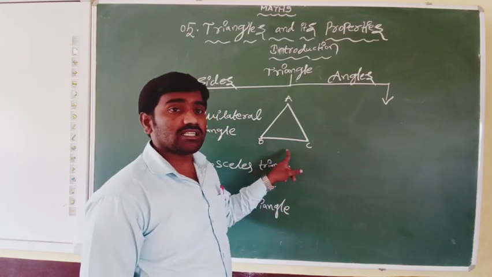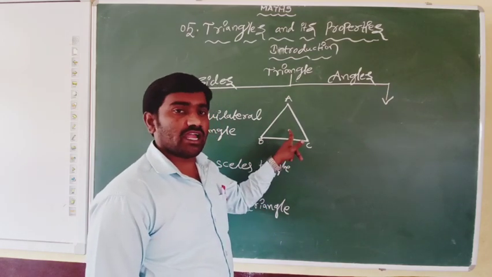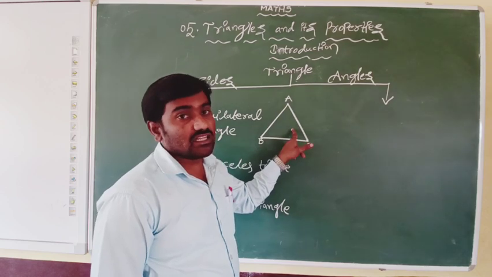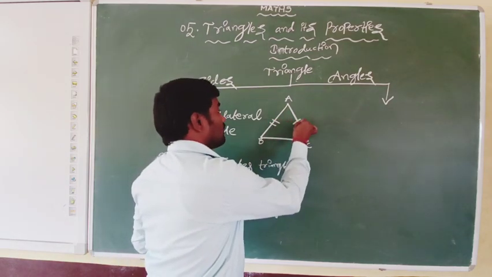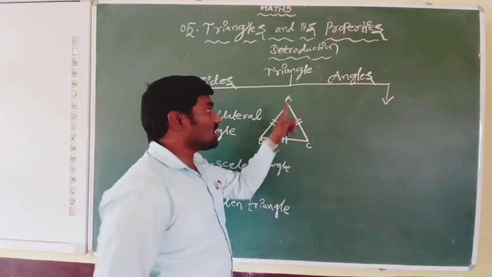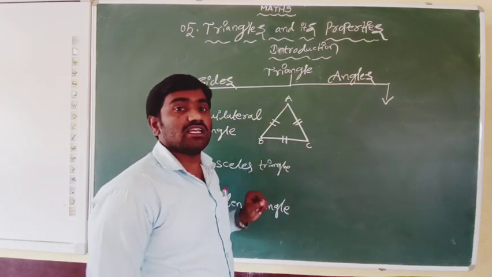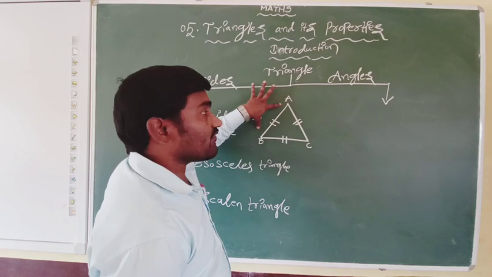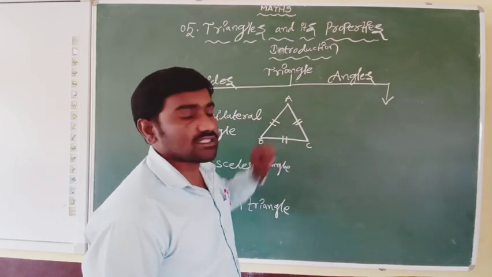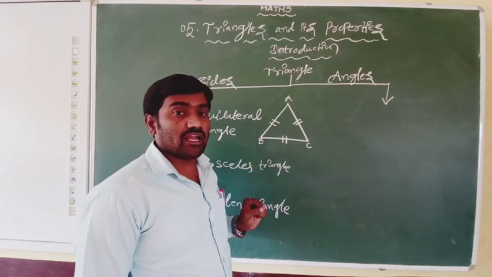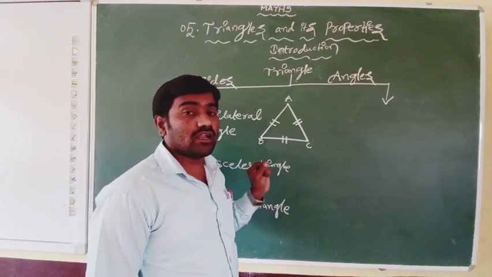If all three sides of this triangle are equal in length, then it is known as an equilateral triangle. All the sides of this triangle are equal, that means the length of AB is equal to the length of BC is equal to the length of AC. Hence, this kind of triangle is known as an equilateral triangle.